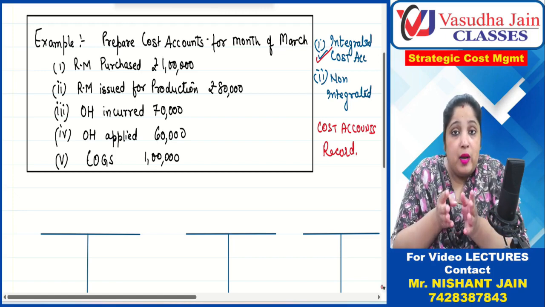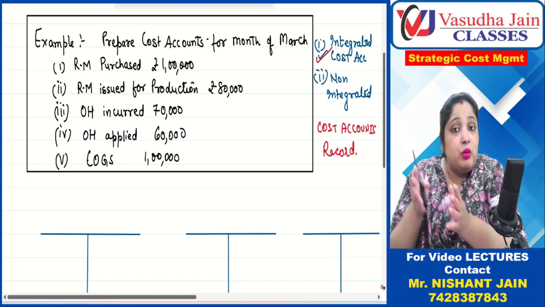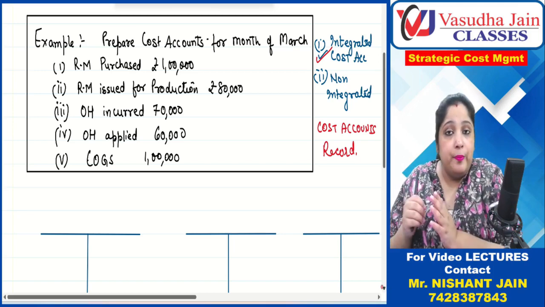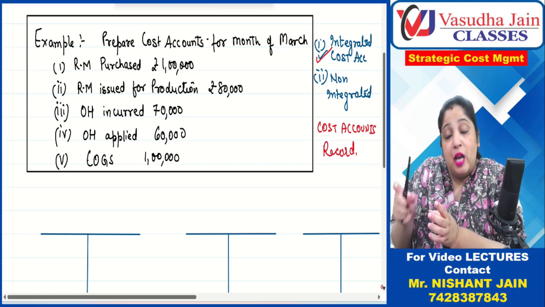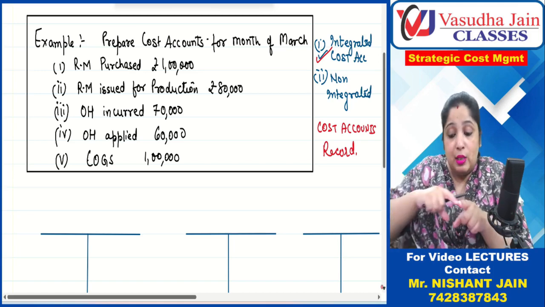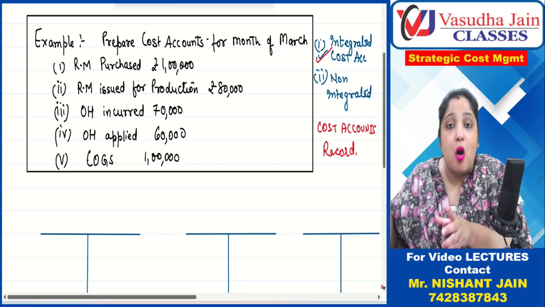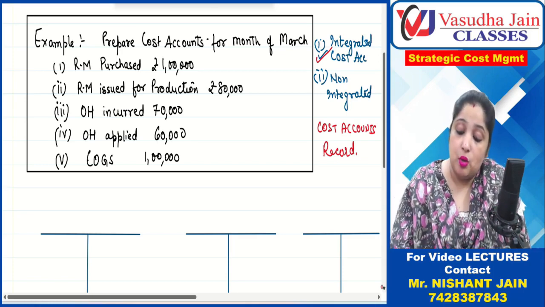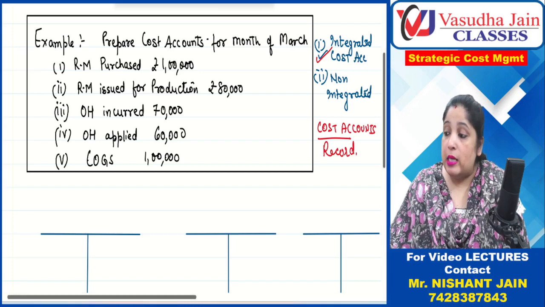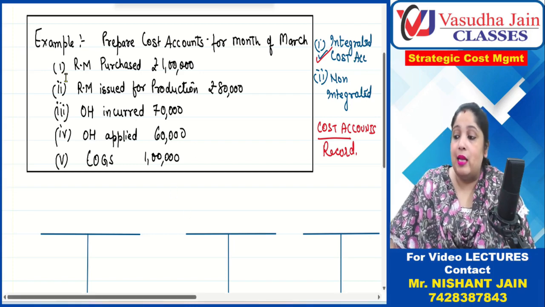When some portion of work in progress has been finished and finished goods have been made, that should be recorded. The portion of finished goods which are sold should be recorded. When we record this movement of stock, raw material, work in progress and finished goods, that is called cost accounts.